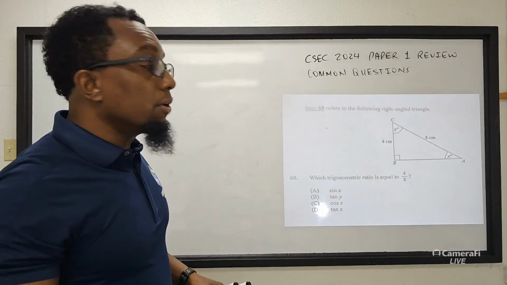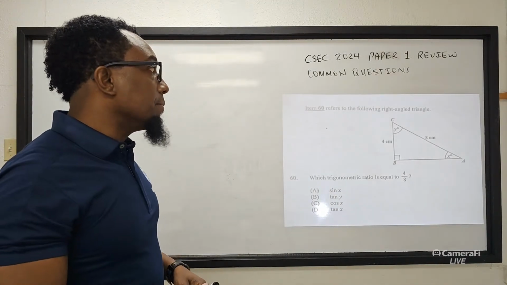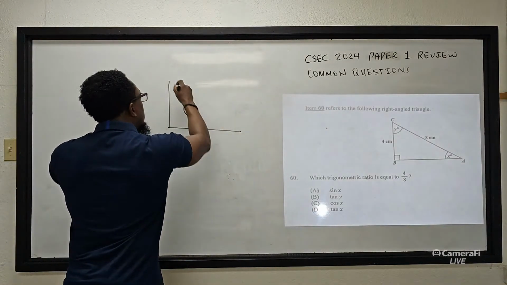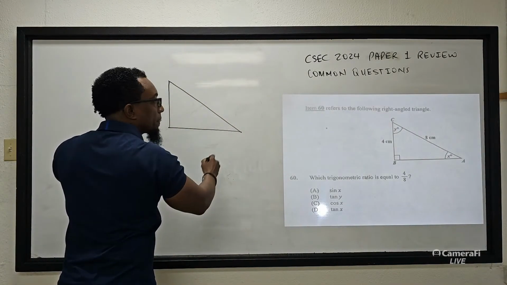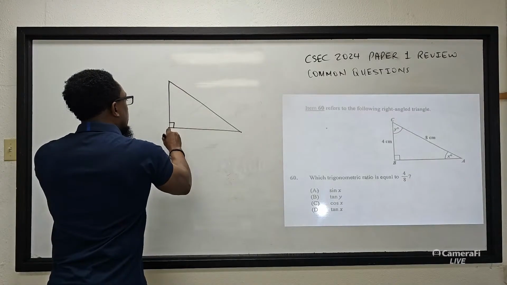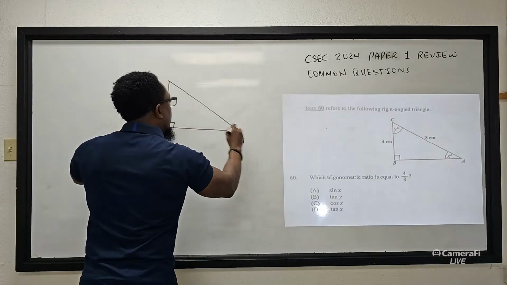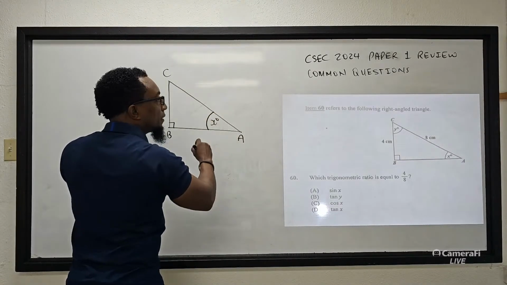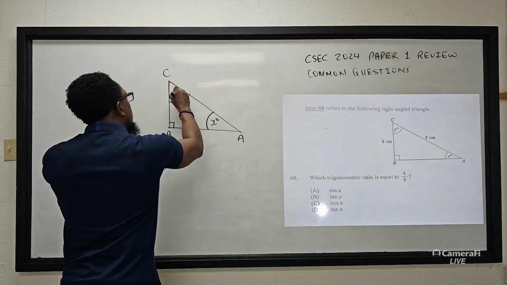Another very, very common question. We have this right angle triangle. This is B, A, C. This is x degrees. This is y degrees.